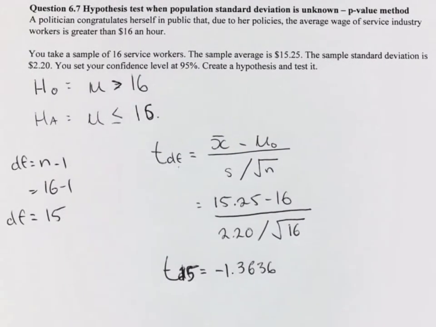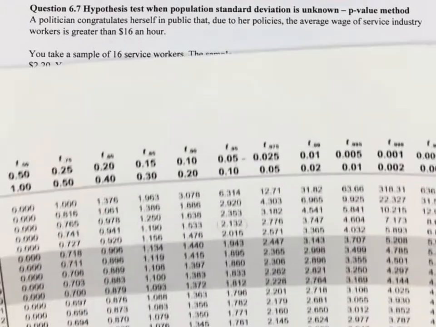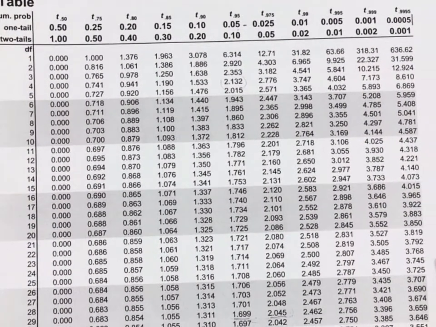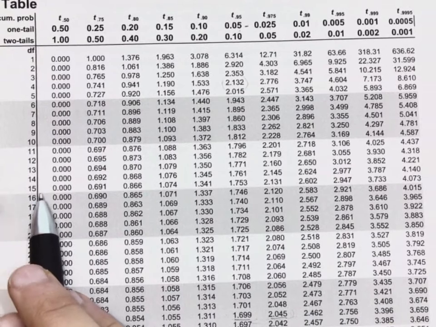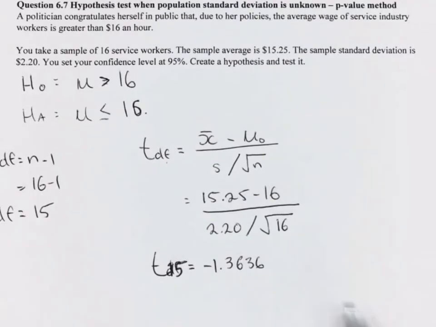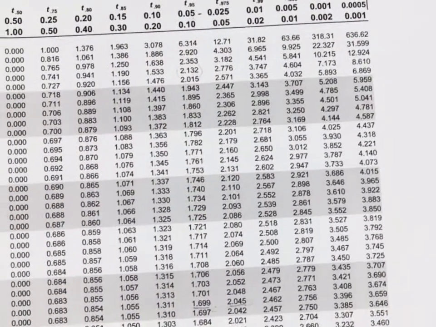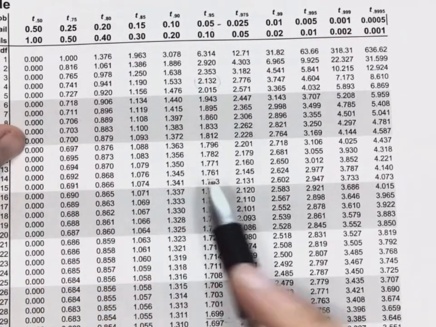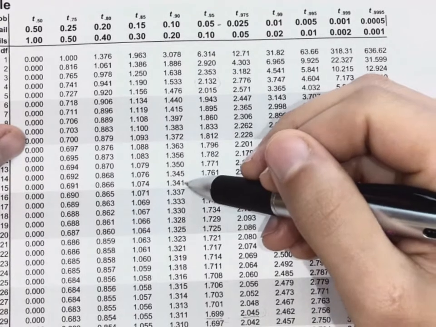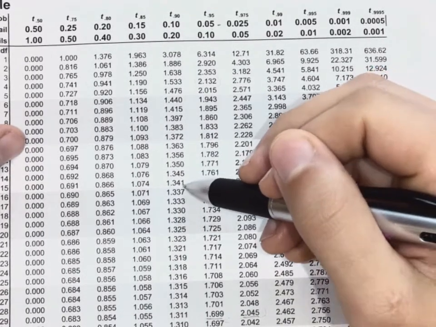This can be converted to positive. So when we have a look at our t table with degrees of freedom set at 15, here we are, and what we're looking for is our result of 1.3636. And as we move along, we see it falls just after and in between here.